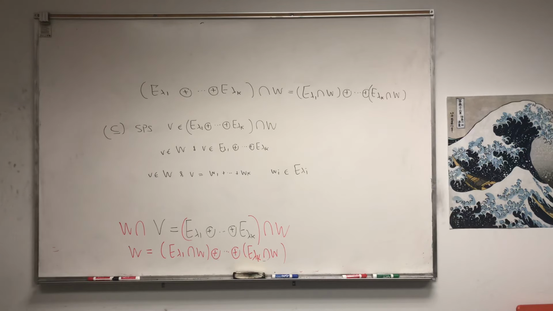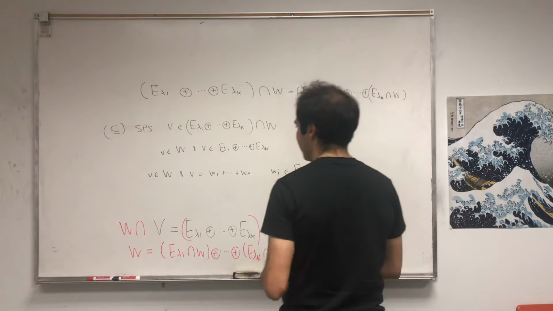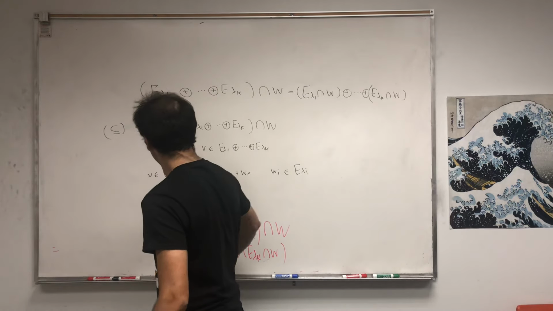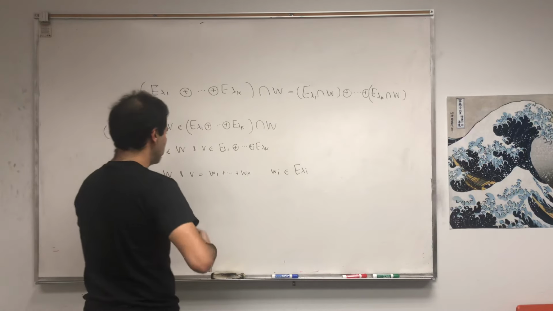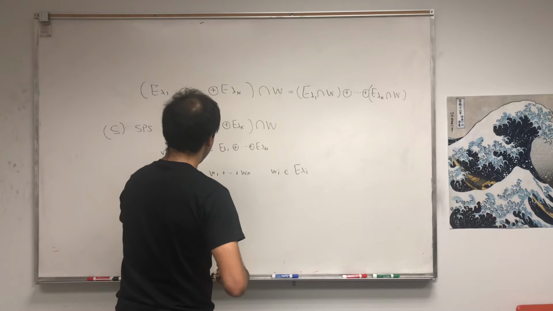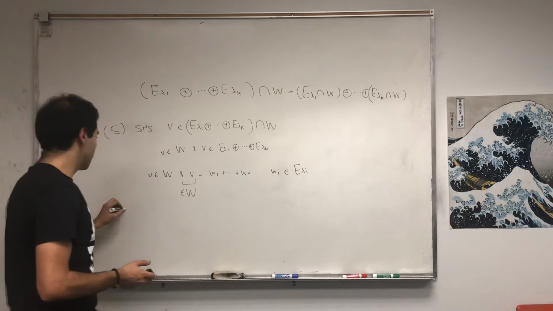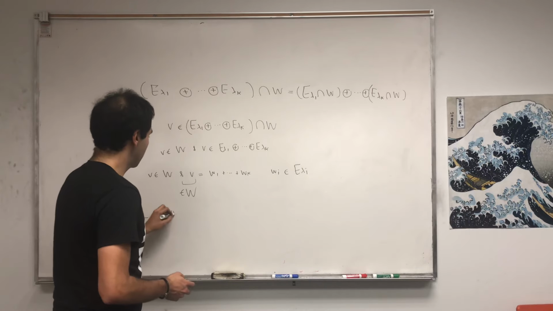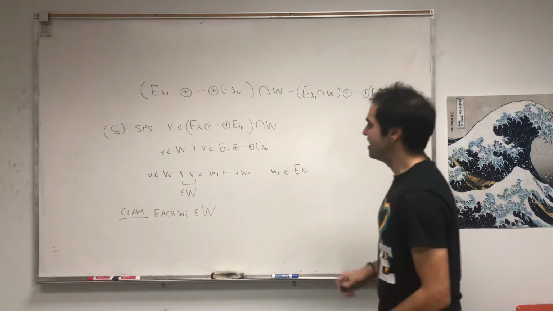And what you want to show, I think after deleting vectors that are 0, is that each of those is in W. So you have a vector V here that's in W, and the sum of those is in W. And what you want to show, so claim, each Wi is actually in W as well. This is kind of interesting.